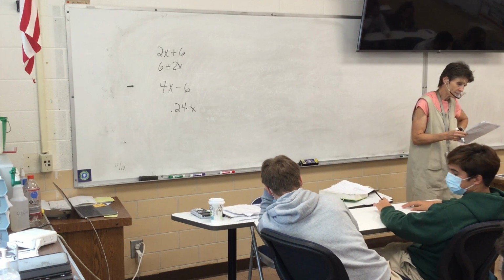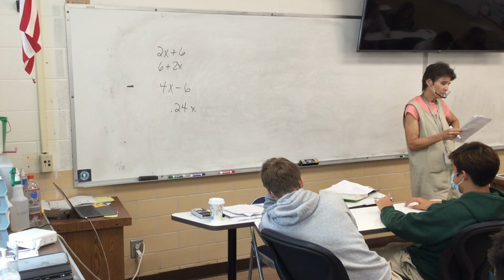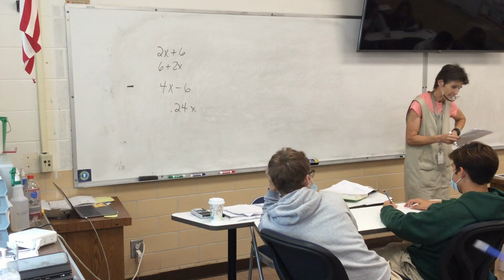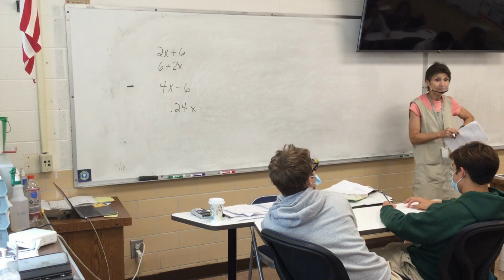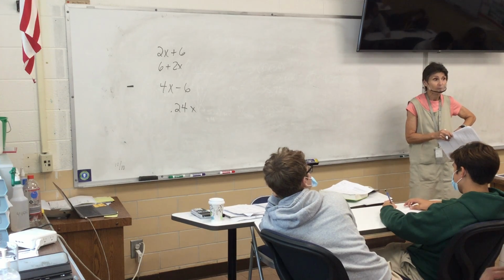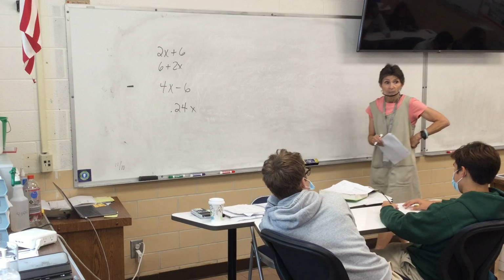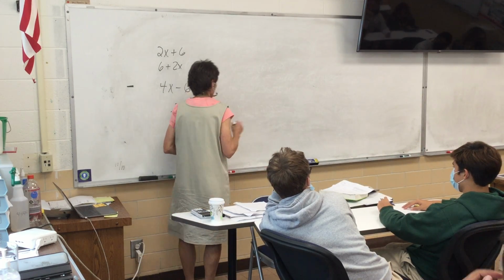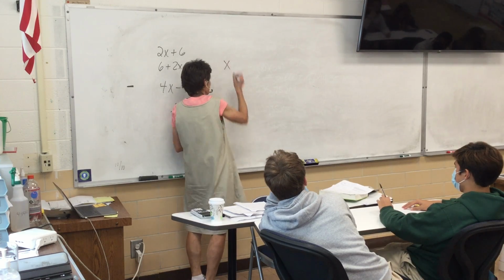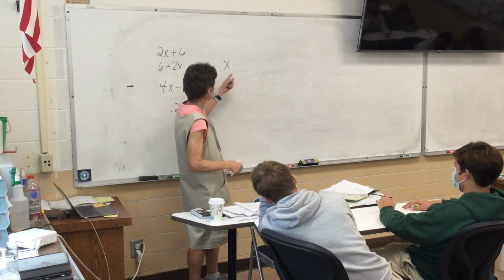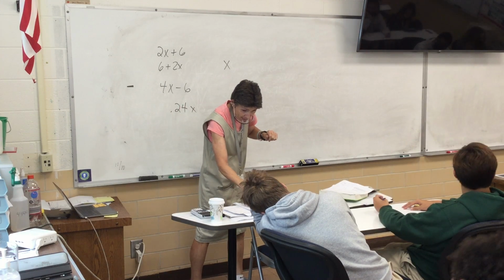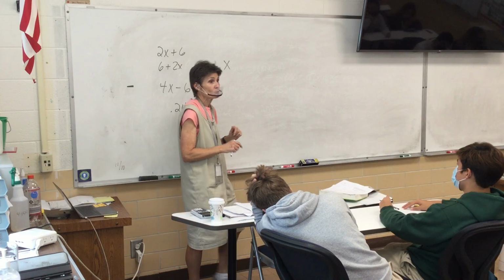Find the final cost of an item if the original price is X and there is a 15% discount and a 7% tax. Okay, now, here's what I want you to think about. Whatever it is I'm buying, this is how much it costs. There is a 15% discount.